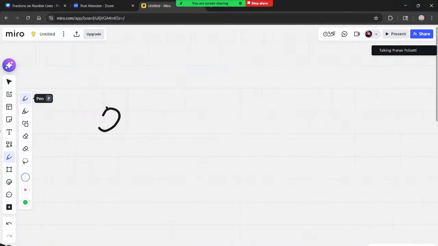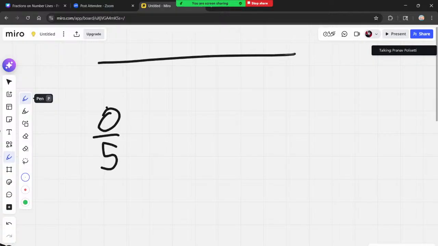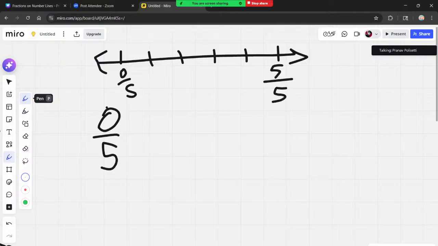So we start at 0 over 5, and we have 5 total pieces that we want to get to. So first we add the 1 over 5, right? So plus 1 over 5.